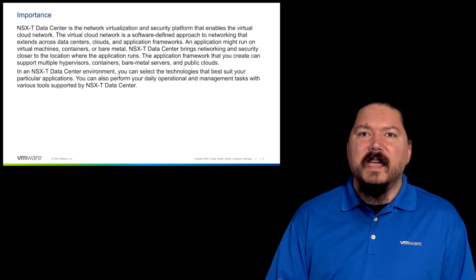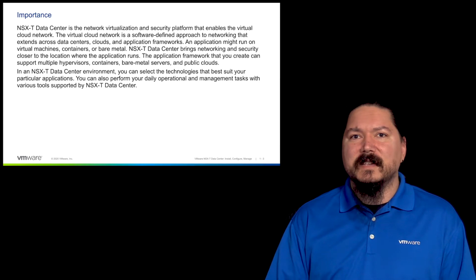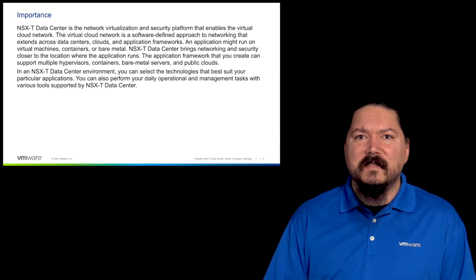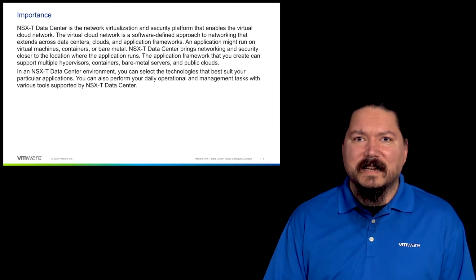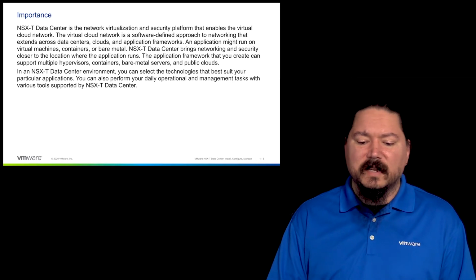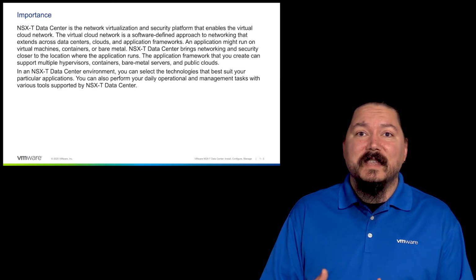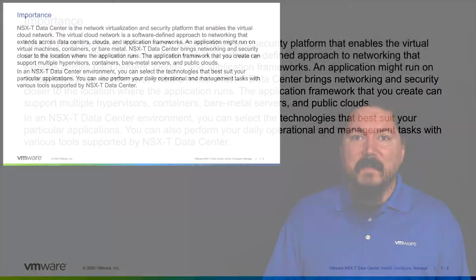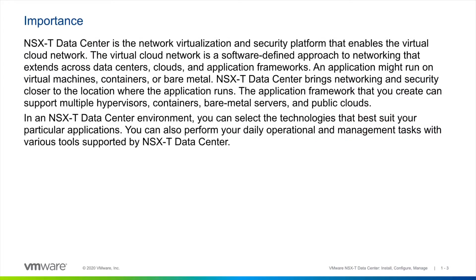And we start off absolutely every class talking about the importance of the class related to the technology. And here we can look at this, right? This is the networking and security platform. Well, I want to say of the future, but it's really not of the future. This is the networking and security platform for today that we all need to really be thinking about.